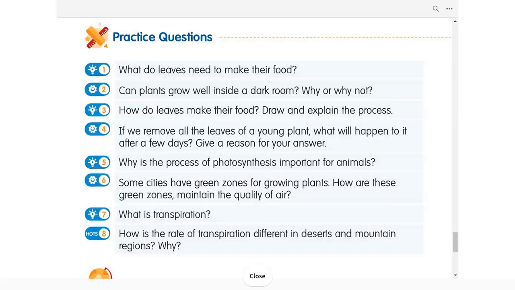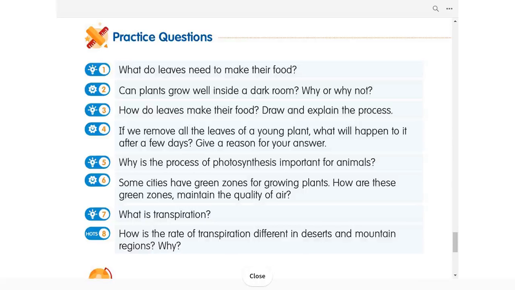Okay. Next question. How is the rate of transpiration different in desert and mountain regions? Give a reason for your answer. Let's see the answer. The rate of transpiration is more in a desert area compared to a mountain region.